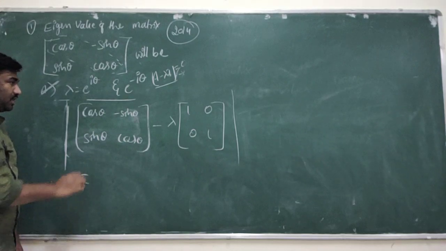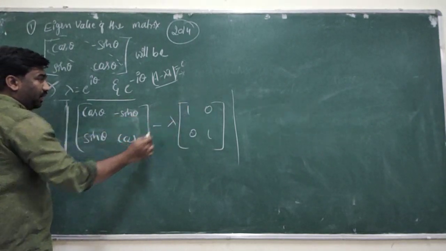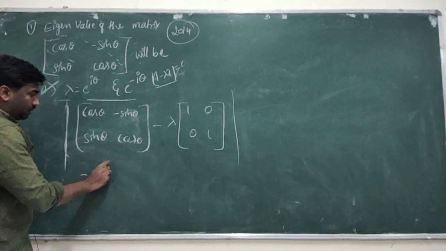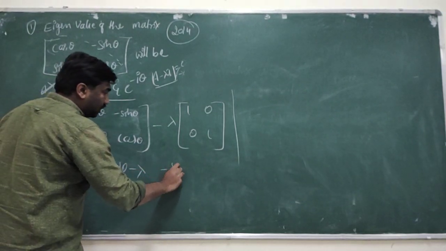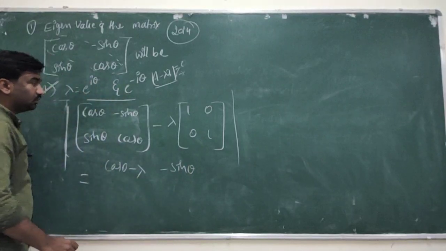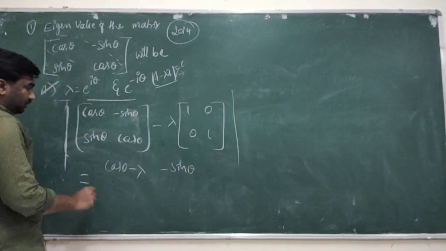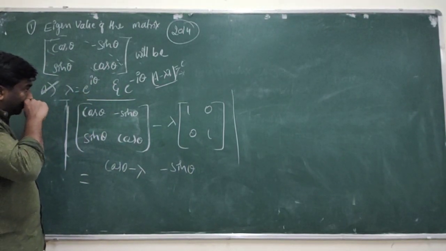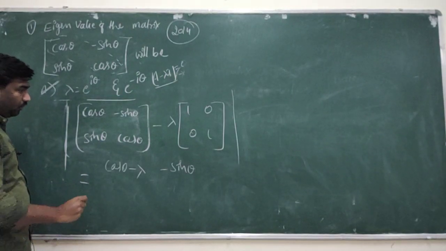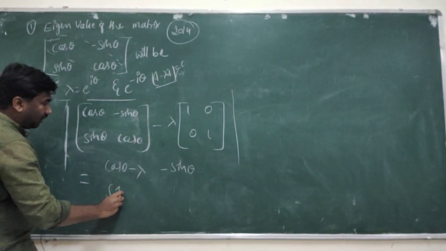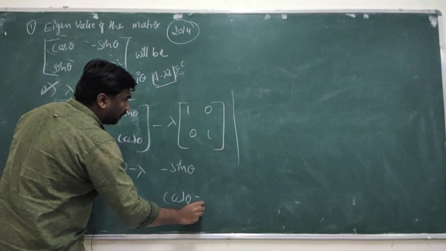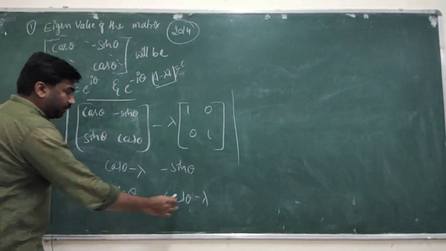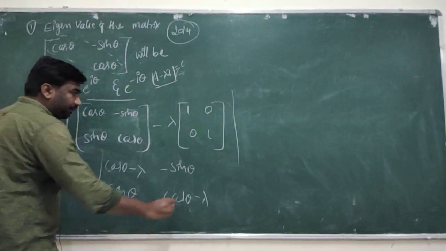So which gives cos theta minus lambda into 1, so cos theta minus lambda and minus sin theta. Okay, next: sin theta and cos theta minus lambda.